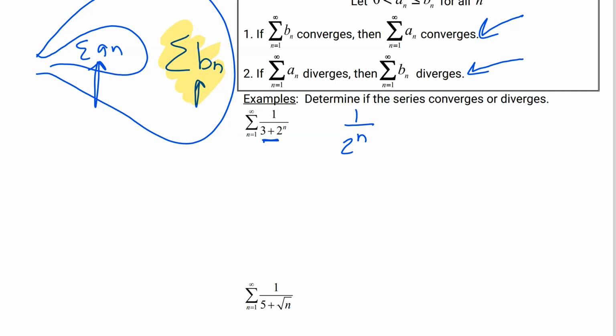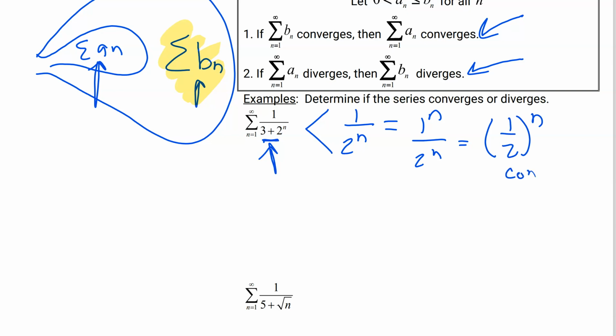So therefore, the fraction on the left will be smaller, right? Because on the left, we're dividing by something that's bigger and bigger. So the one we're comparing to is larger. Now, this is equal to 1 to the n over 2 to the n, which we could say is (1/2) to the n power, which converges because it's a geometric series.